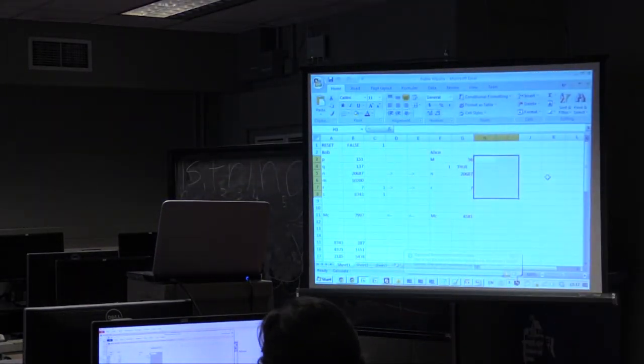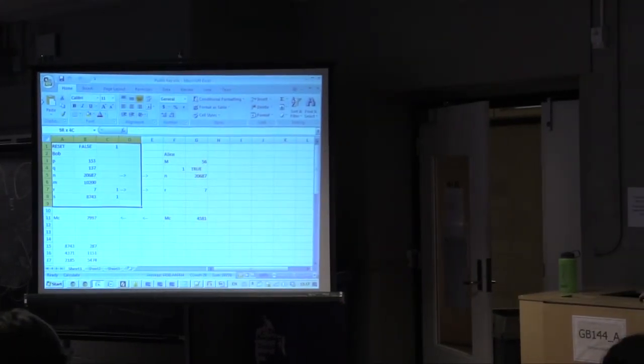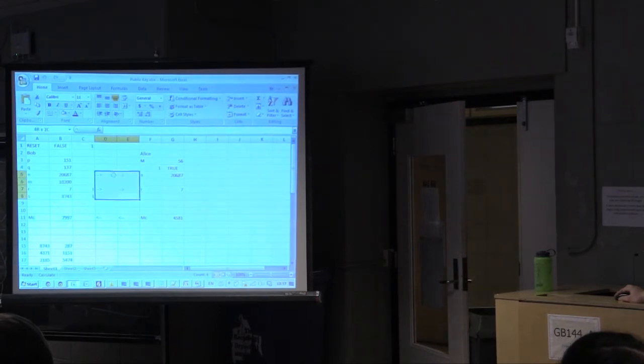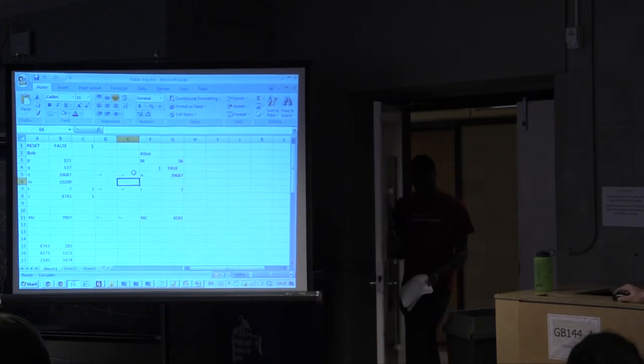So this is an Excel demonstration of public key encryption. We won't go through the math right now because it is kind of complicated, and we don't really need to understand the low level of it to be able to use public key encryption.